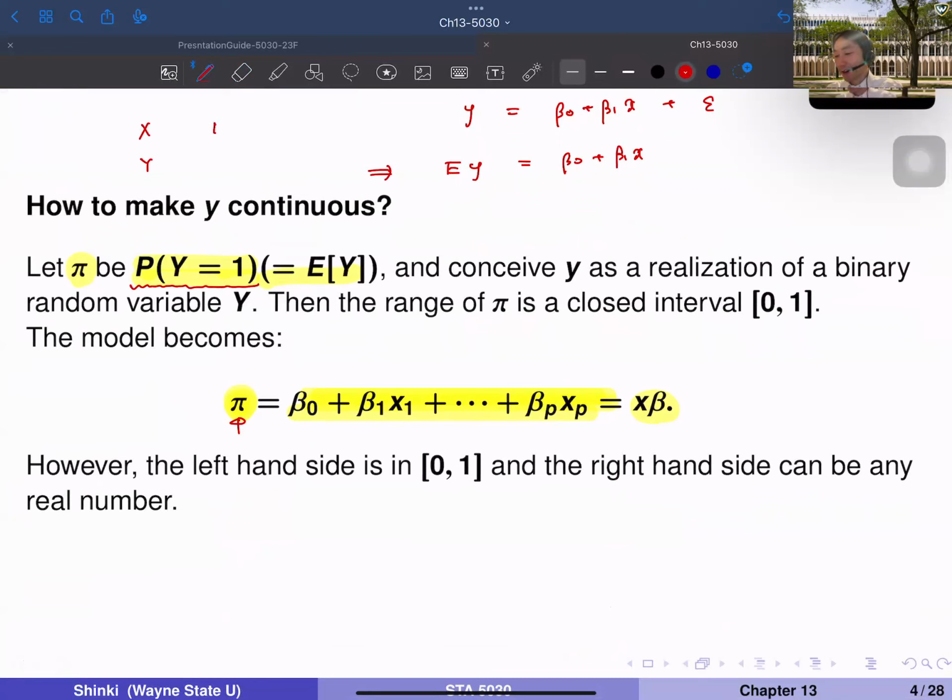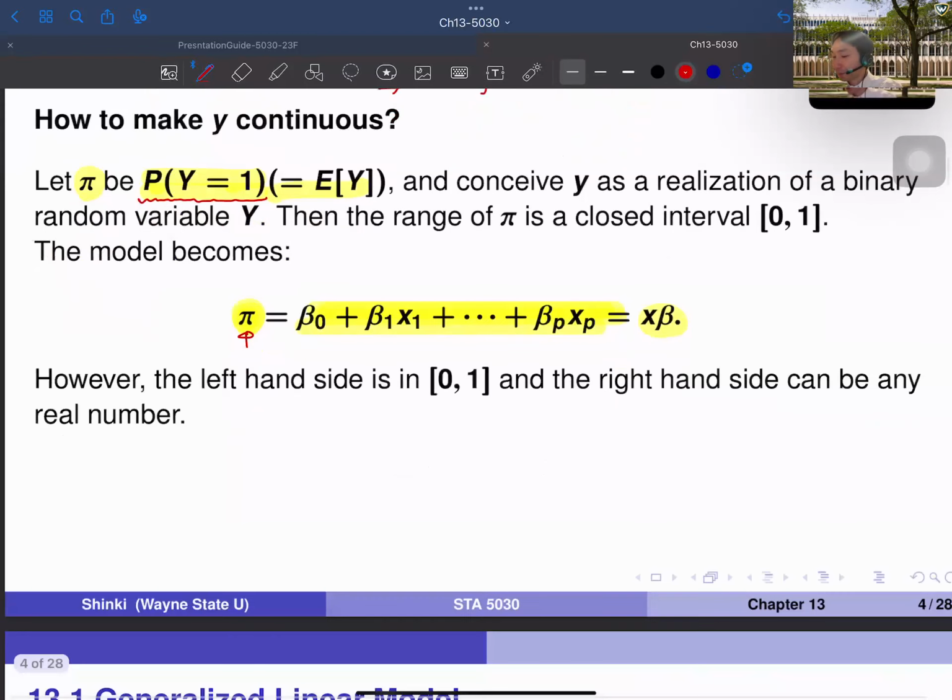Based on x, 145 centimeters, what's the probability that y is equal to 1? Maybe 40% or something like that, maybe even lower. So we consider probability. Then probability is a continuous variable, so it's much closer to a real valued response.